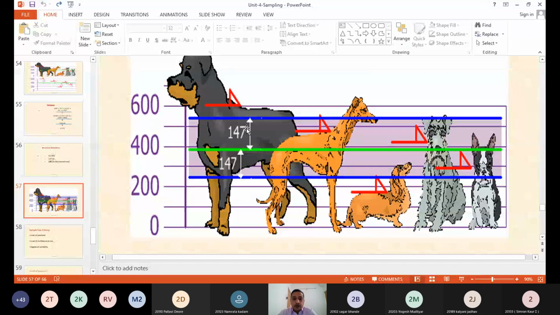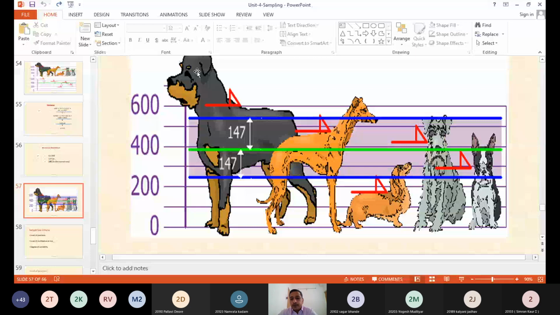And if any value is going beyond this standard deviation which is calculated for this group, we can say that it is extreme. It is either extra large or extra small. So in this diagram, you will see that this first dog has extra large height, which is going beyond the standard deviation of 147.